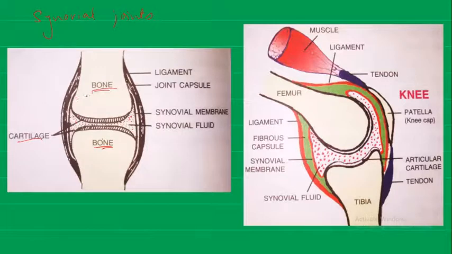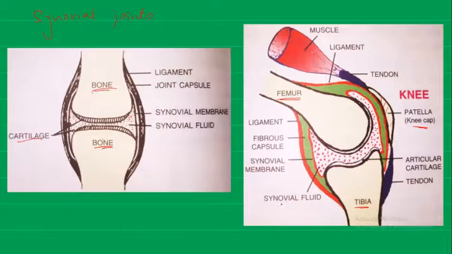So in these synovial joints, for example, here are the femur and tibia in the knee joint. This is the kneecap, that is the patella. This is the articular cartilage, which prevents friction between the two bones.